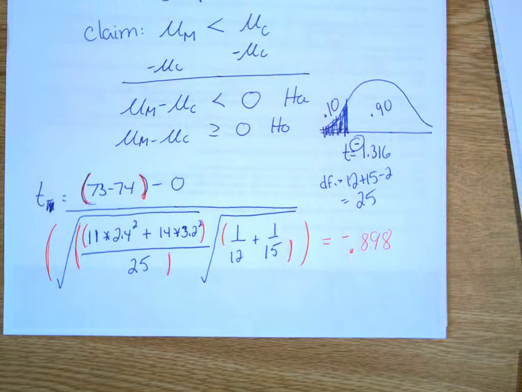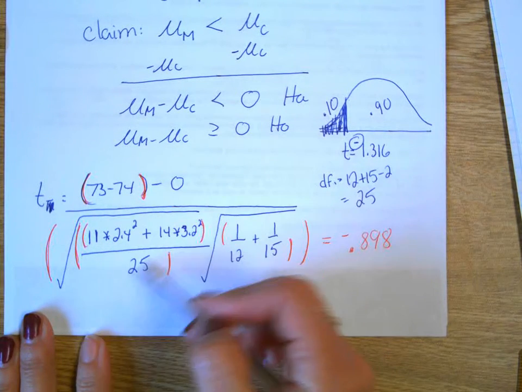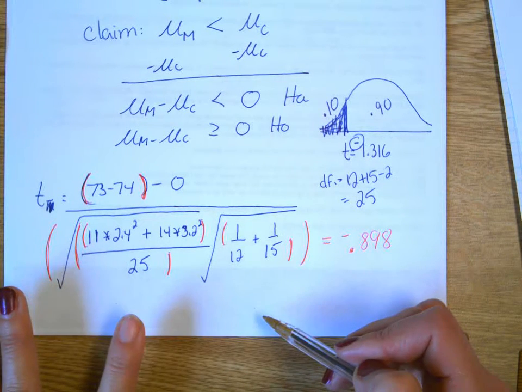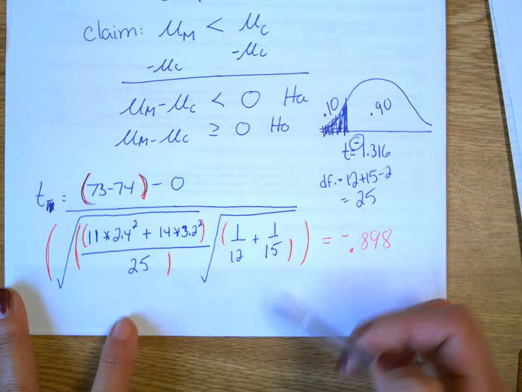If not, my suggestion is to work out the top, work out this first square root, work out this square root, and then just have those three numbers that you're working with.